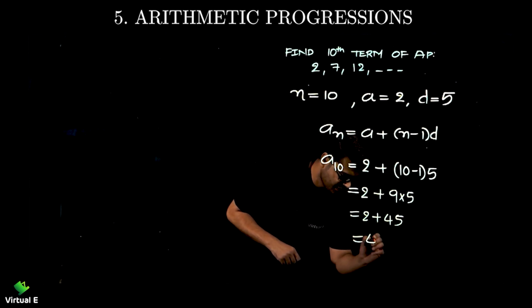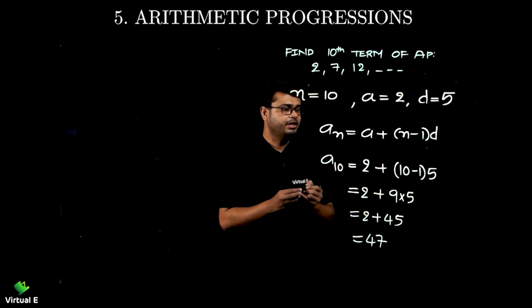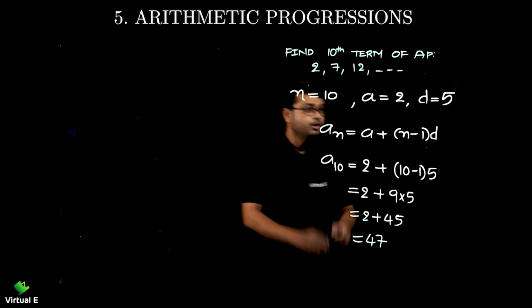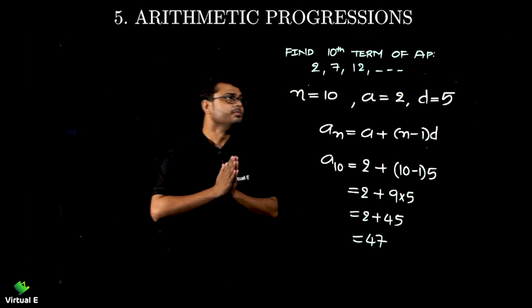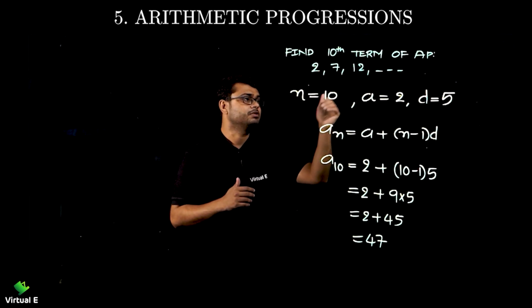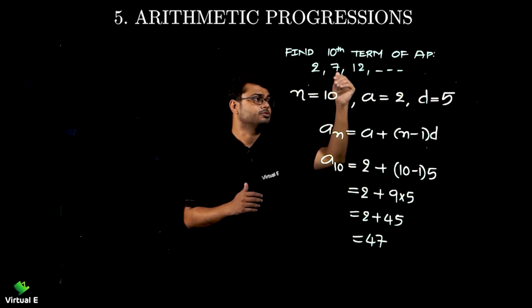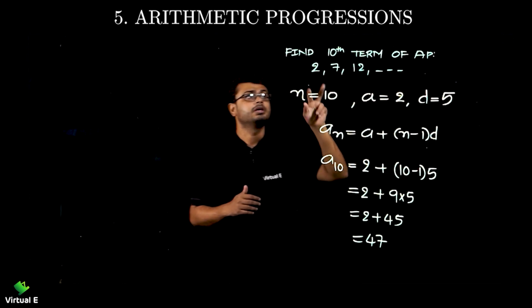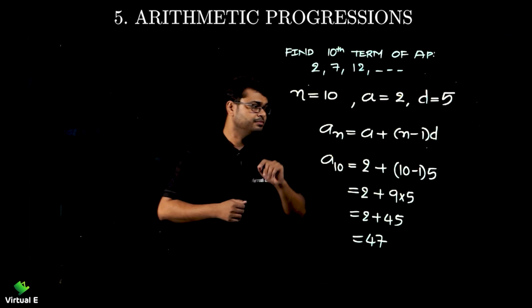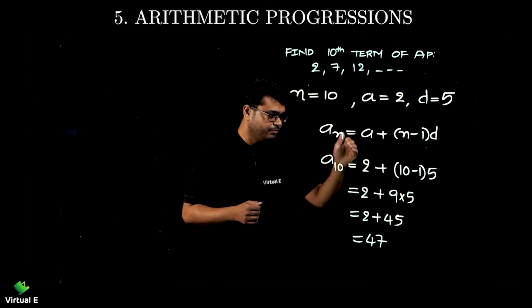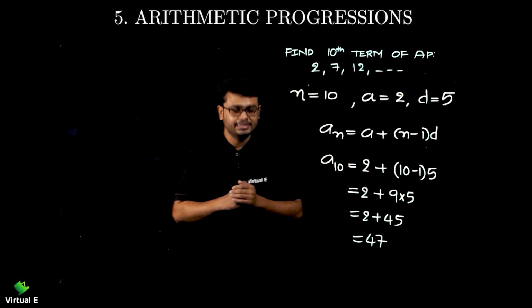The final answer is 47. So the 10th term of this AP is 47. That's very simple, right? n is equal to 10, a is equal to 2, and d is the difference, we need to take the second term minus the first term, remember. Then apply the formula, do the calculation and get the 10th term.